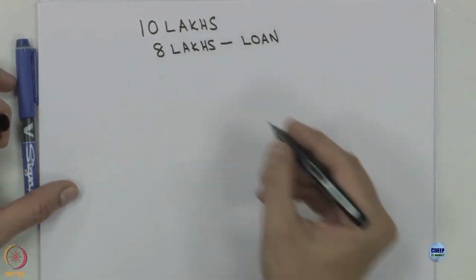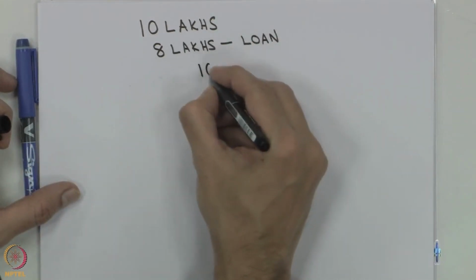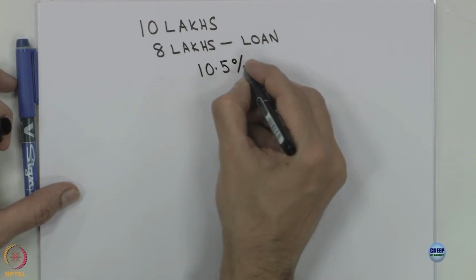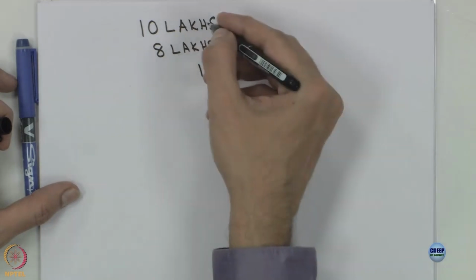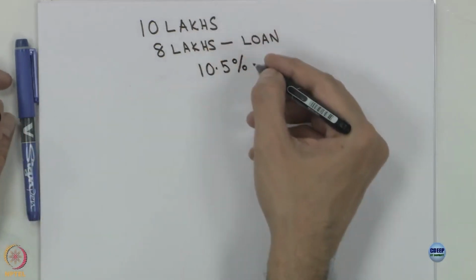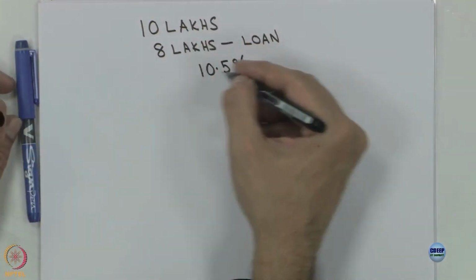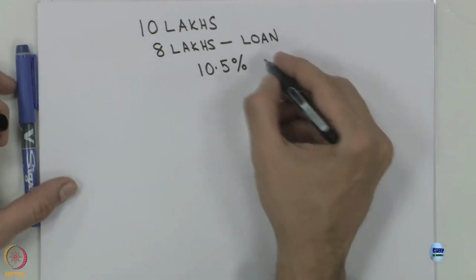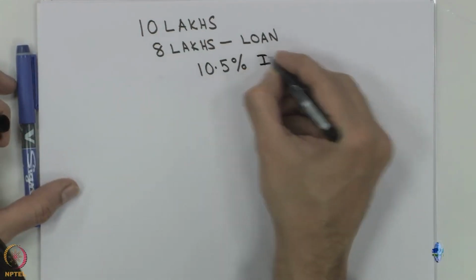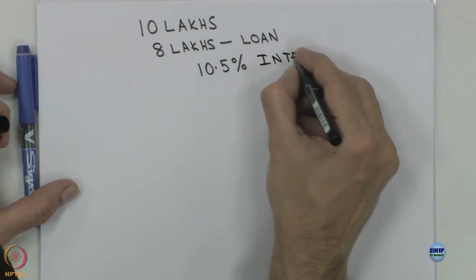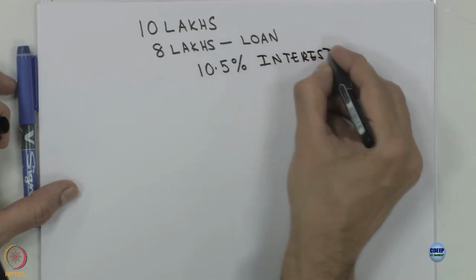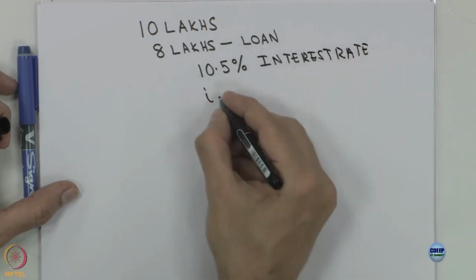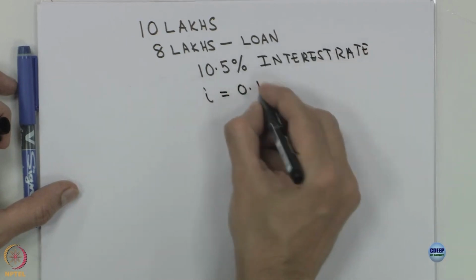We need to know what is the interest rate of the loan. So I just looked at a particular website today. It looks like for that car, the vendor itself is giving an option to have an equated monthly installment, and the interest rate on the loan is 10.5%. This is the interest rate, which means I is 0.105.